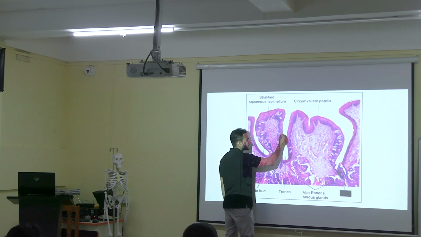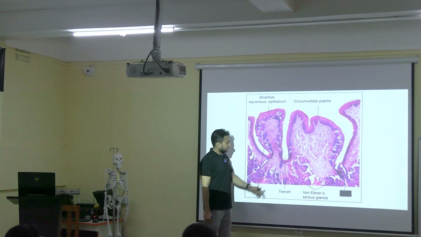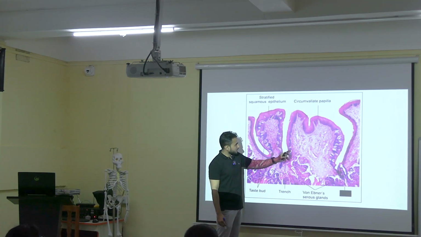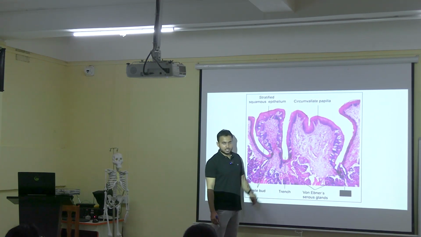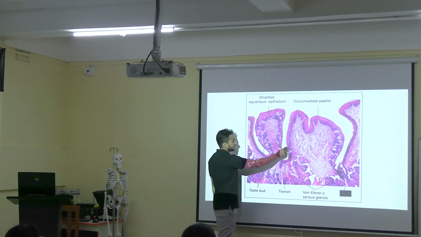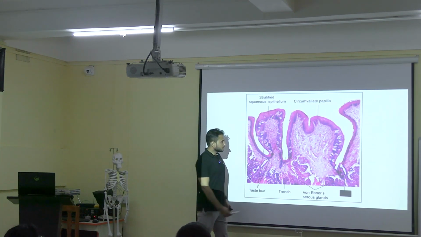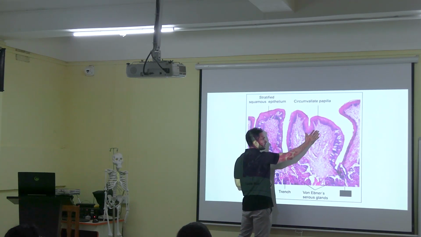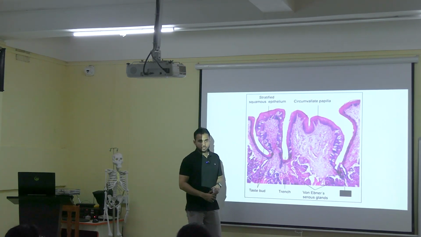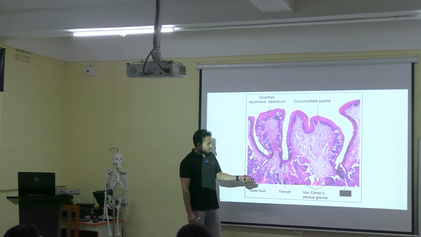In between both the papillae, the sulcus is present. Okay. Where the sulcus is, lateral to that on the walls you can see taste buds are present. Okay, these are taste buds. And this particular core of connective tissue. Deep to that you can see the glands are present. See, these are the glands present.